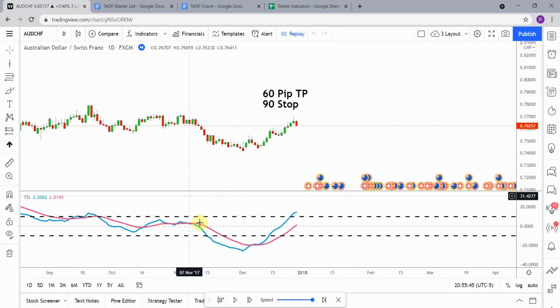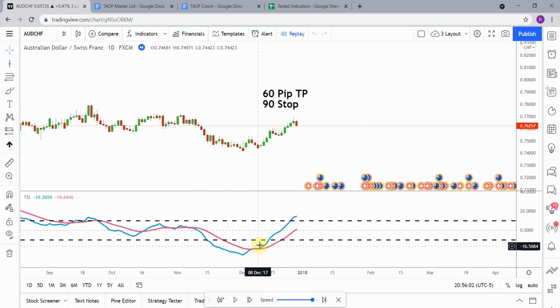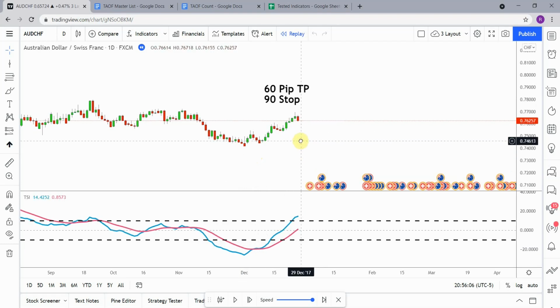And so that is an example of a long right here on this one. So you can see both lines come down below this lower dashed line right here, and then we can see that the teal blue line there crosses up above the purple line, and that is where we would go long.